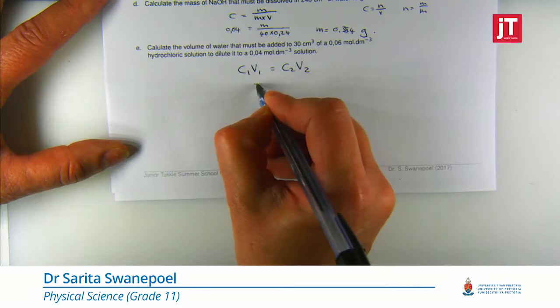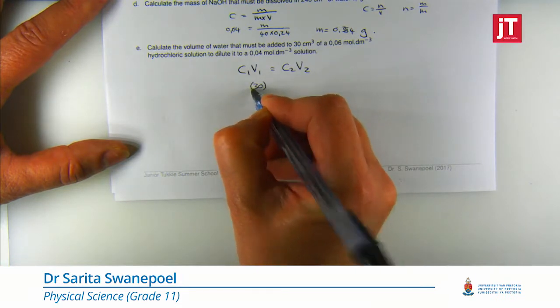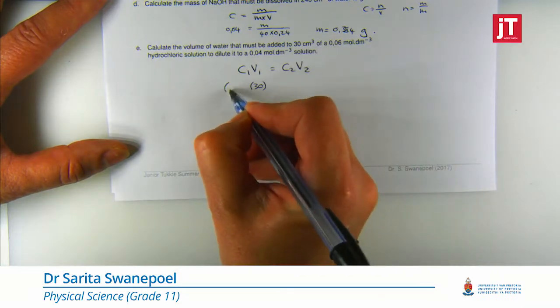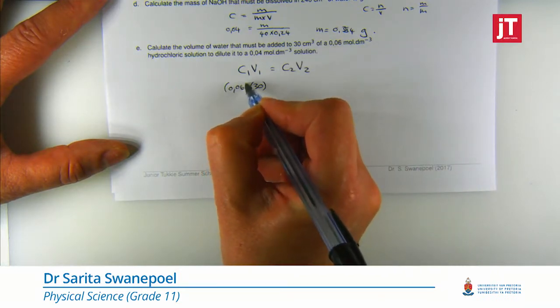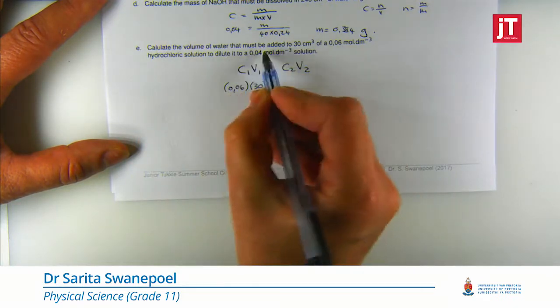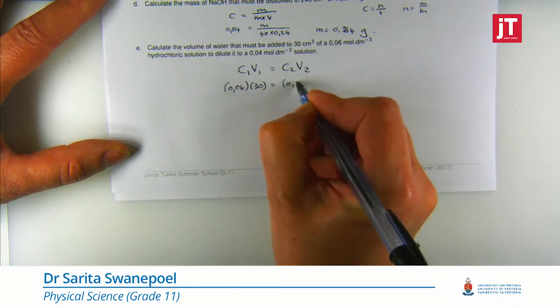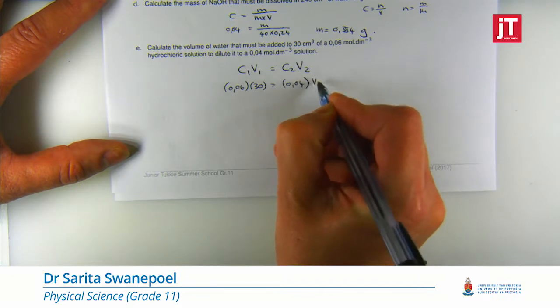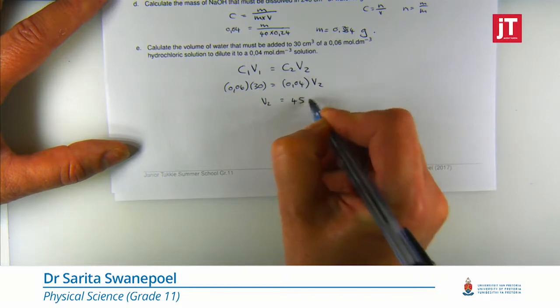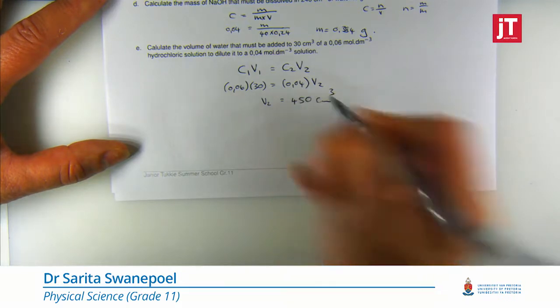Okay, so the volume I start with is 30, and the concentration of the solution I start with, 0.06. Right. And then after the dilution, it should be a concentration of 0.04, and you work out the new volume. And if you get that, I hope most of you got 450 cubic centimeters, right?